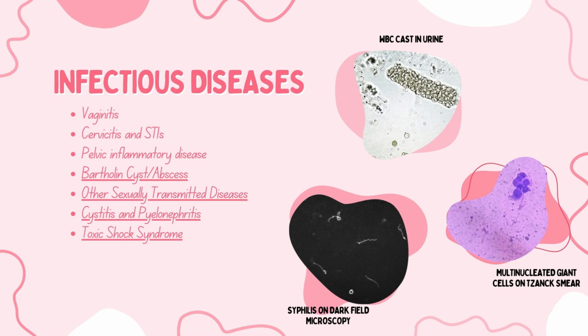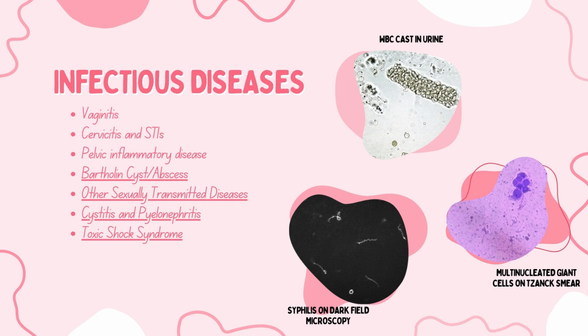Non-infected won't be tender. It will be a unilateral vulvar mass at the Bartholin duct location. Diagnosis, other than clinical, would be a complete blood count and culture of the drained fluid, and you can use that to test for STIs.